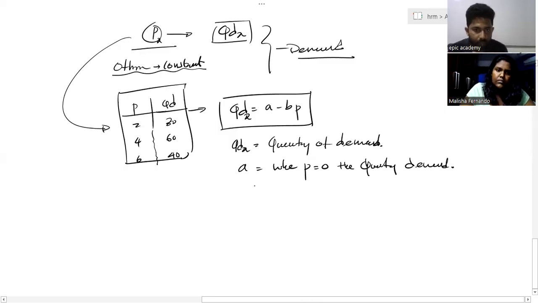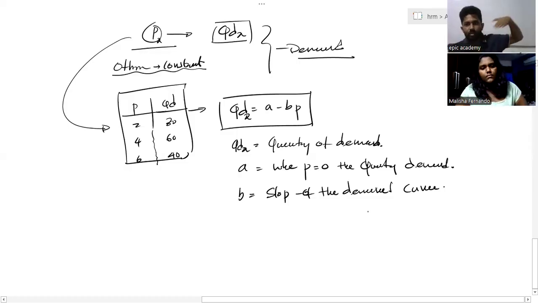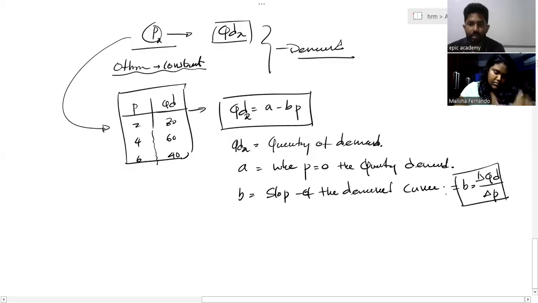Okay, right. B. B mean the slope of the curve. Slope of the demand curve. That means if we draw a demand curve, the slope of it, how steep it is, is what we show with B. You can calculate this B as delta QD divided by delta P. Delta mean the amount of the change.